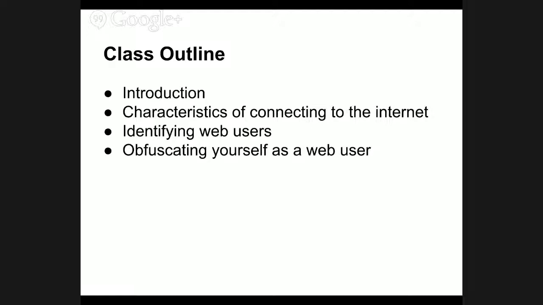By unavoidable, I mean that because you connect to the internet, there are things that we know about you, and you can't really avoid them, regardless of how you're trying to hide that. We'll talk about identifying web users. These are different techniques that you can use to identify who is remotely accessing your website. And then we'll talk about obfuscating yourself as a web user.